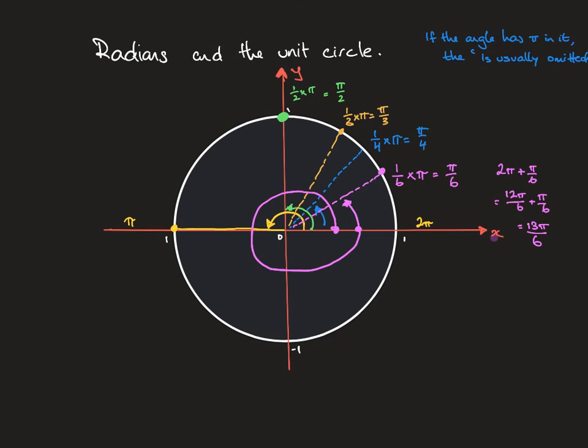And if we went around the circle again, we would have 2 pi, 3 pi, 4 pi plus pi on 6, and round and round. And we can go that way. We can do the same thing in the opposite direction as well, generating an infinite number of rotations around here and an infinite number of angles.